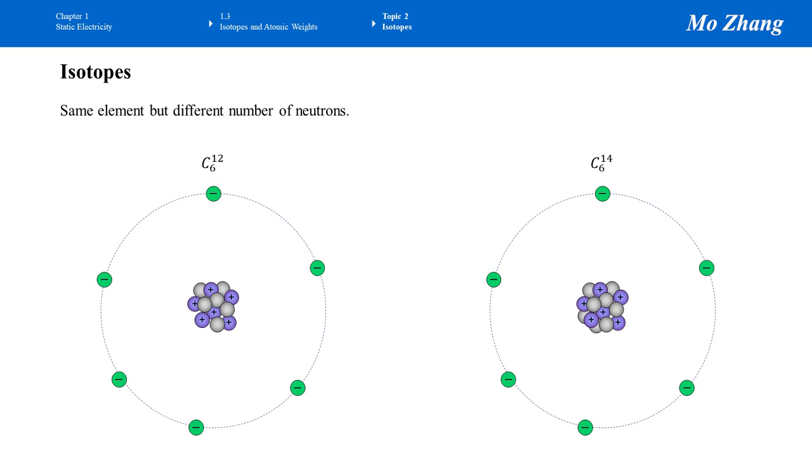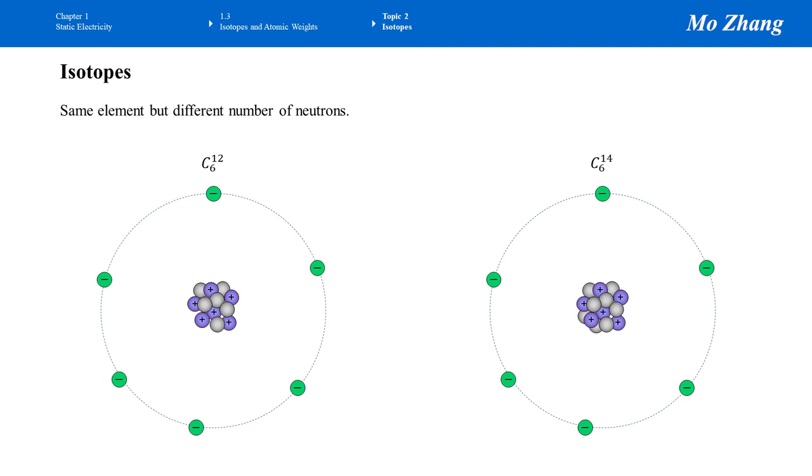At least one example is we can use isotopes to determine the age of a fossil. For example, if a tree is alive, it has plenty of carbon 14. However, if you cut a tree and bury it under the ground, year after year, the neutrons inside the carbon 14 gradually escape from it.